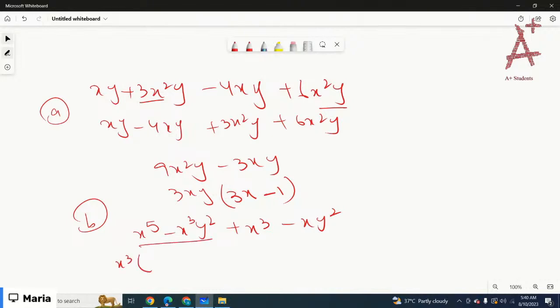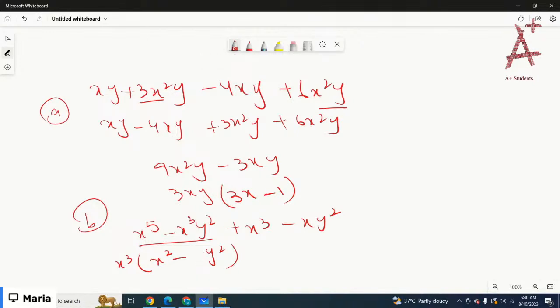You are left with x squared minus y squared.